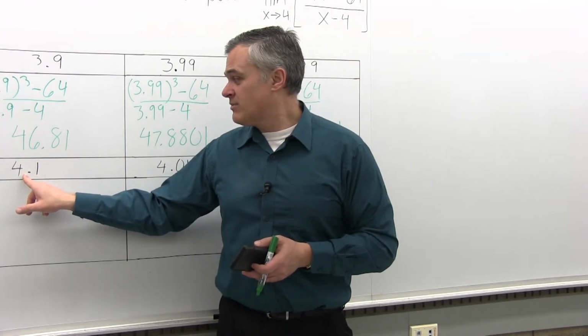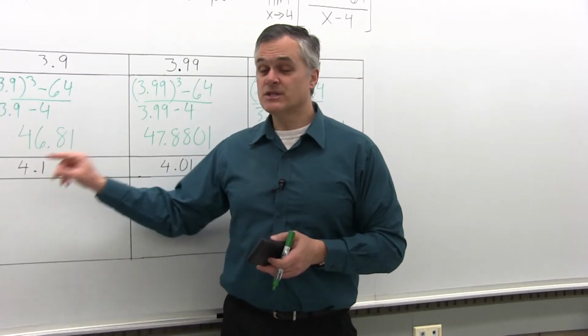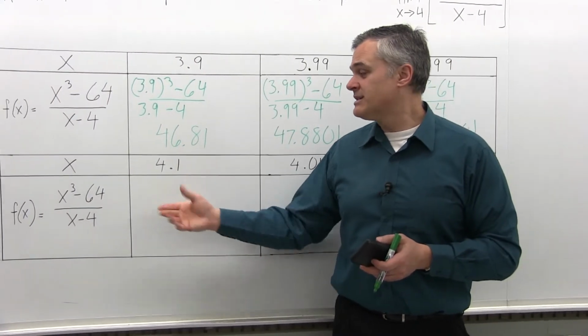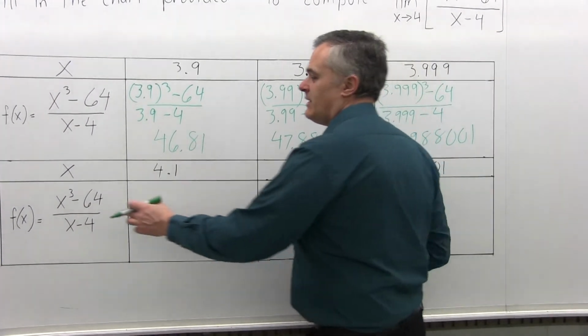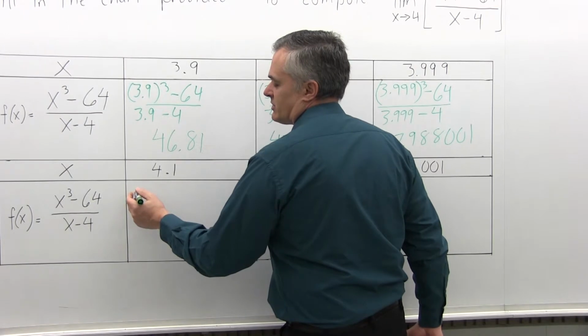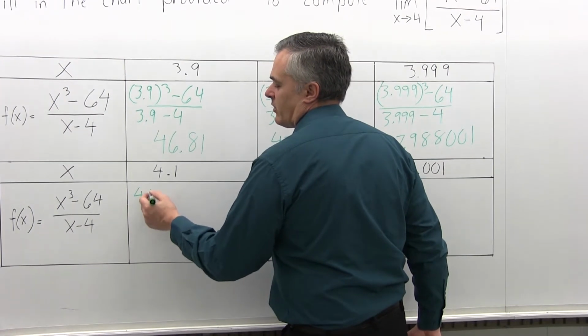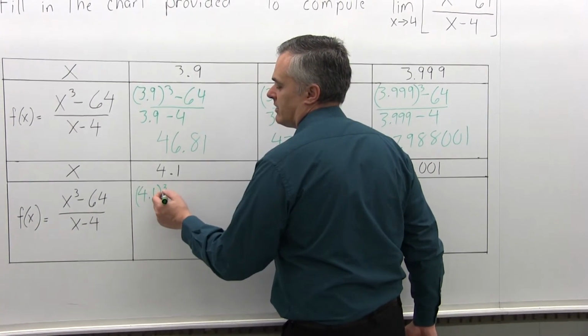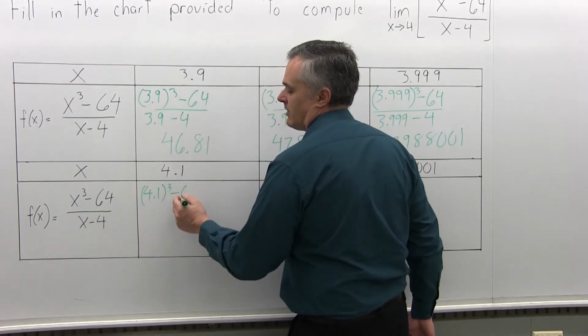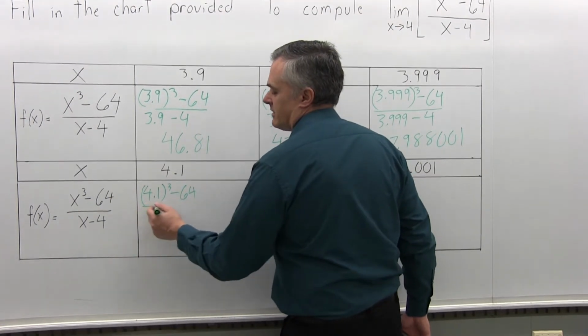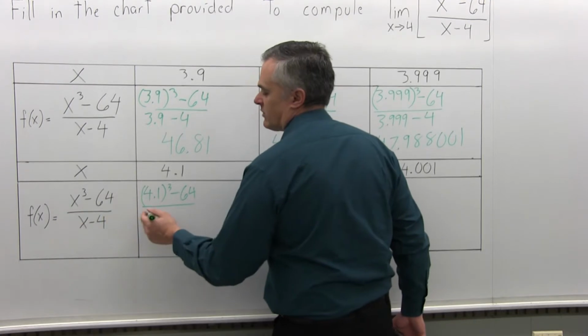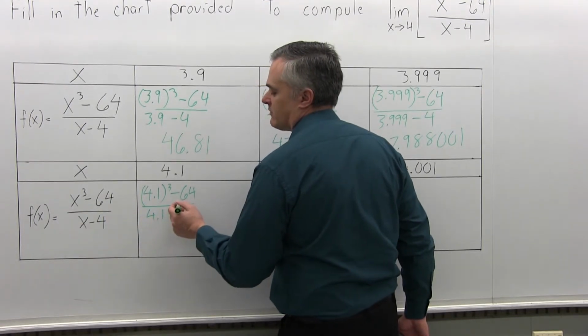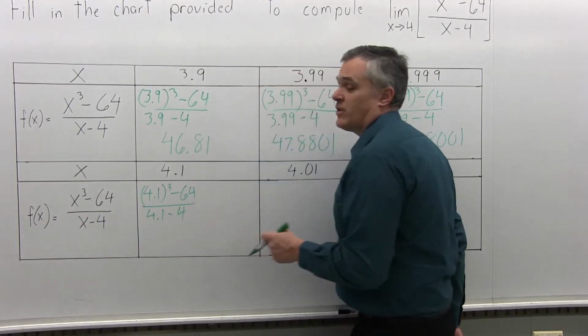Next I'm going to try an input of 4.1 for x. That's fairly close to an input of 4, and see what I get for an output. Again, in the numerator, x to the third will become 4.1 to the third power minus 64, divided by x minus 4, which becomes 4.1 minus 4. So I put in a 4.1 for x.